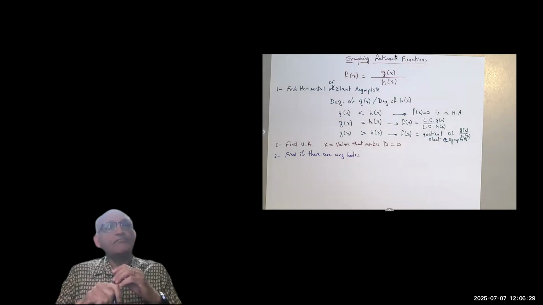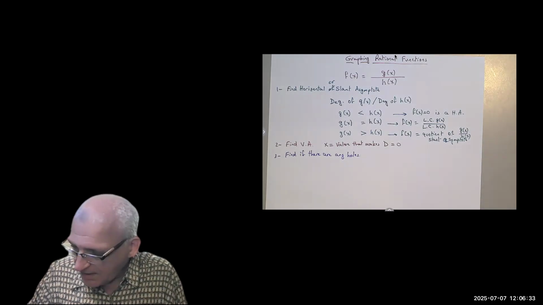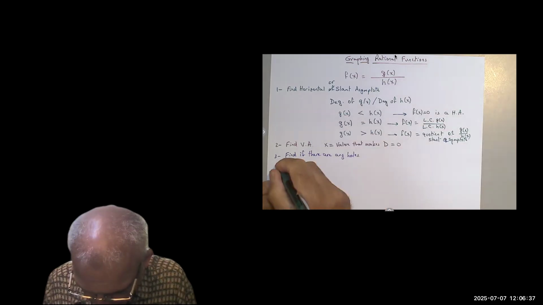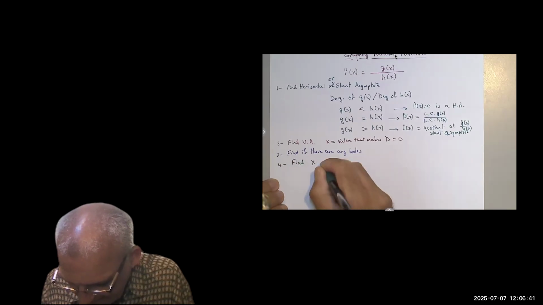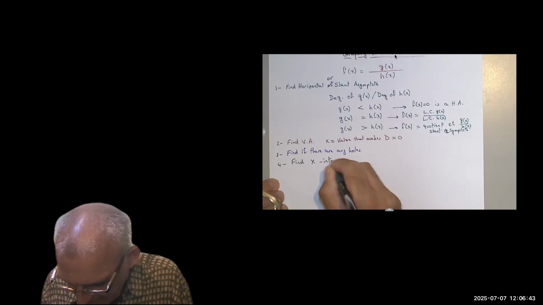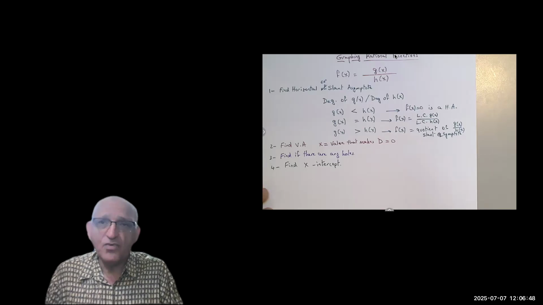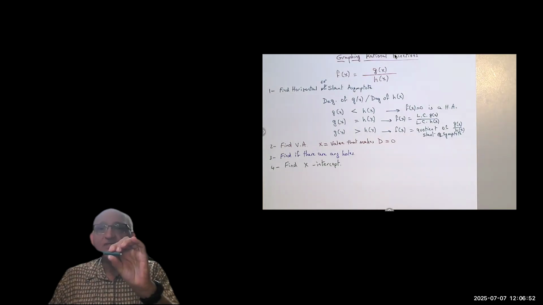Okay, what else? Step number four. In step number four, we find the x-intercept. How do you find the x-intercept? Meaning when the graph crosses the x-axis. Well, when it crosses the x-axis, what is the x-axis? y equals 0.